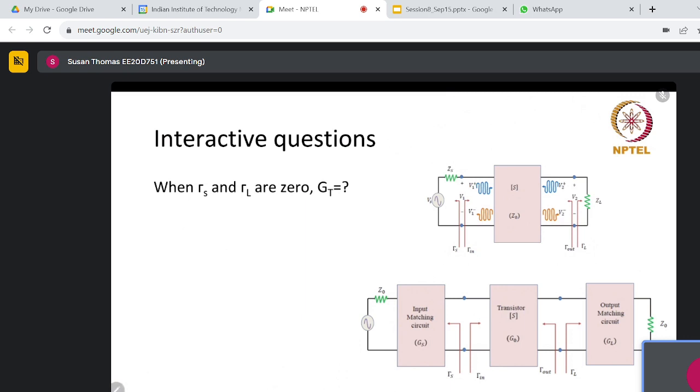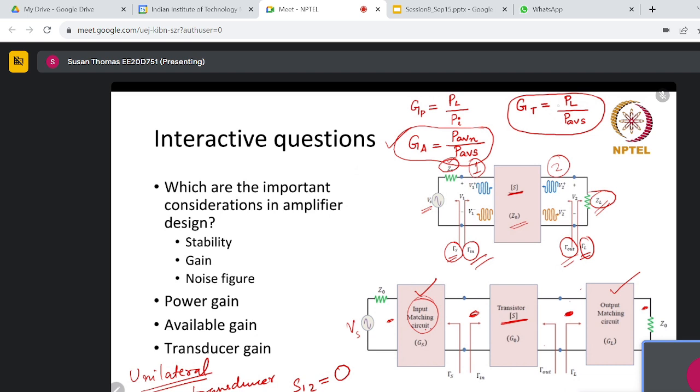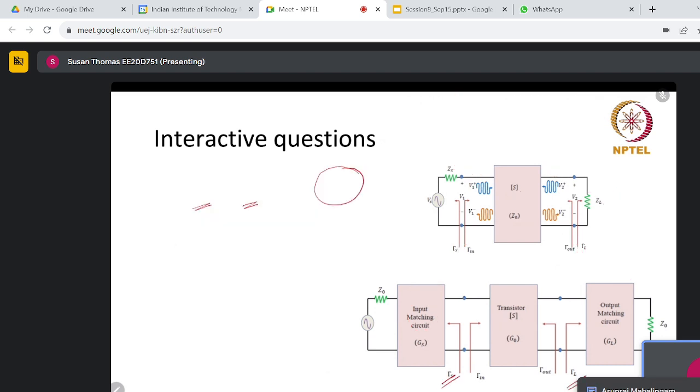Tell me, if gamma S and gamma L are 0, then what is GT? Gamma S is the source reflection coefficient, and gamma L is the load reflection coefficient. So in that condition, what is the transducer gain? Transducer gain, if you remember, is the ratio of power delivered to the load to the power available from the source.